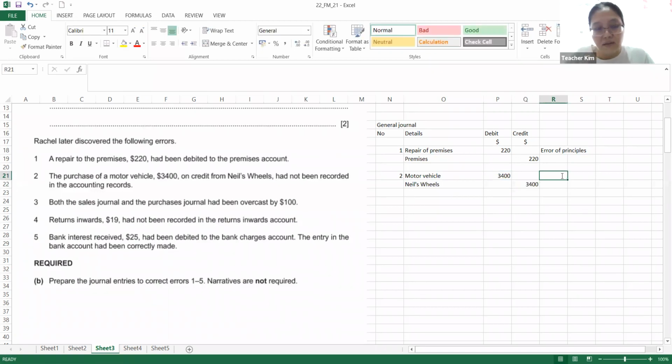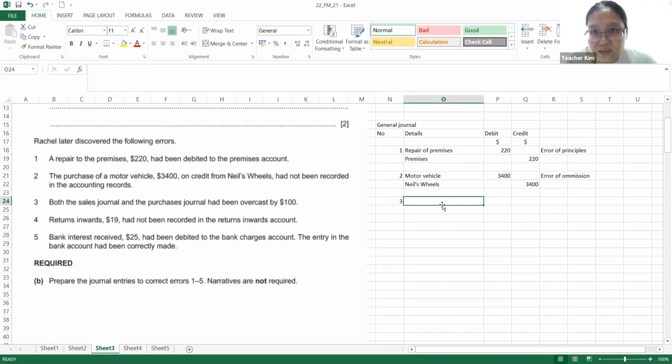So this is the error of omission. Okay. Next is number 3. Both the sales journal and the purchases journal has been overcast. This one, I saw someone give the, I can't remember who, this is talking about the account, not the journal.